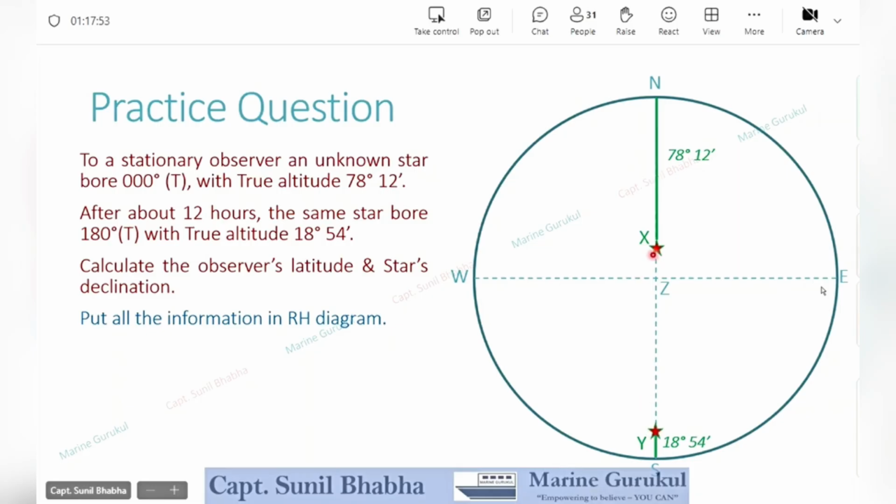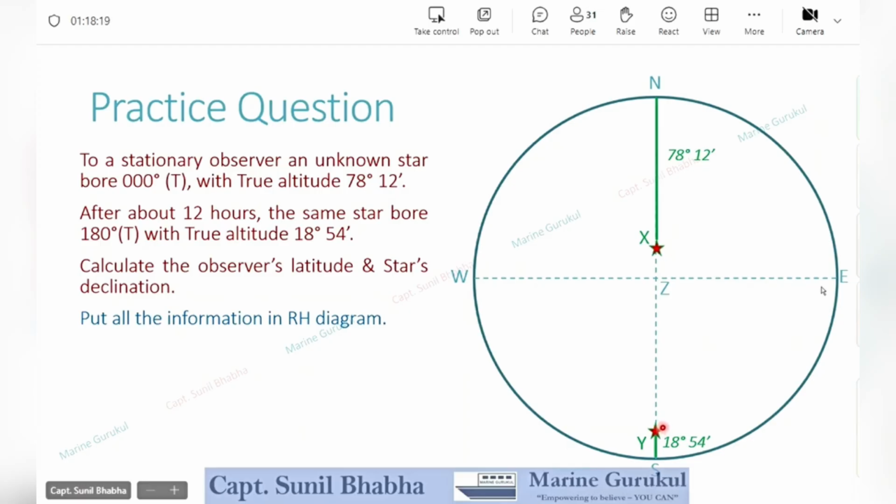If the star is at X location at one point of time, and after about 12 hours it is at Y location, that means the declination circle of the star has to be such that it passes through both X and Y.